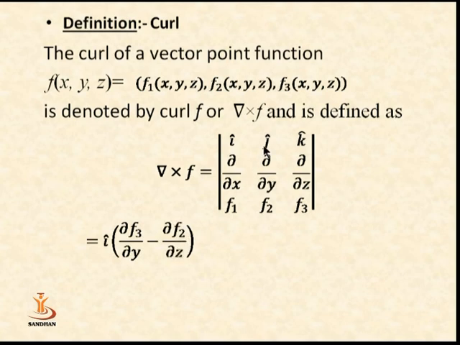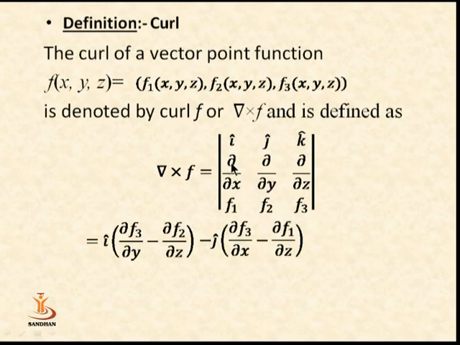Now we expand with respect to j. At that time we use the first and third columns. So here again we do the cross multiplication, that means the differentiation.